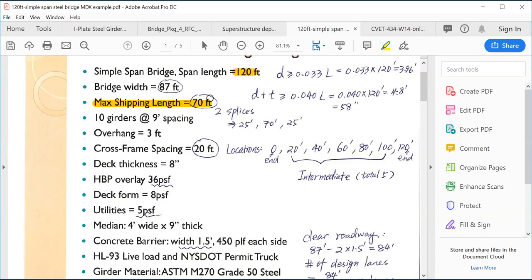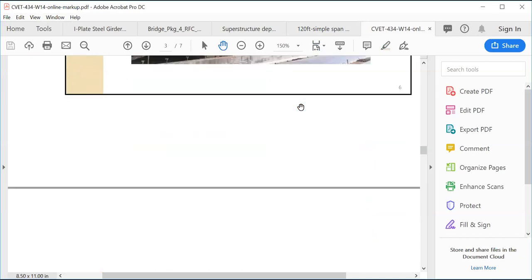The maximum shipping length is only 70 feet. After we cut the girder, we can field splice each segment by bolted connection in the field, like this.